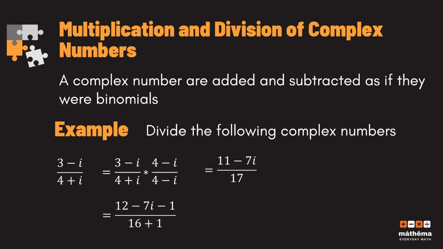And then simplify, we will have 11 over 17 minus 7 over 17i. That is again our final answer.